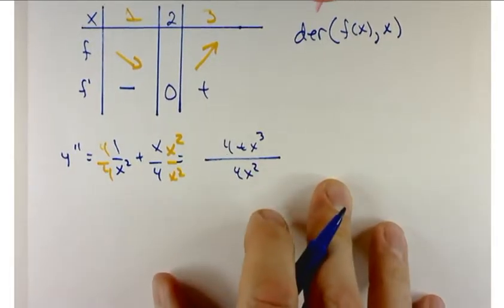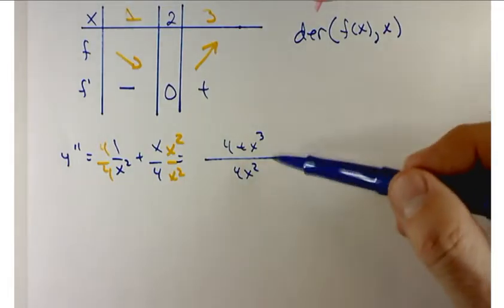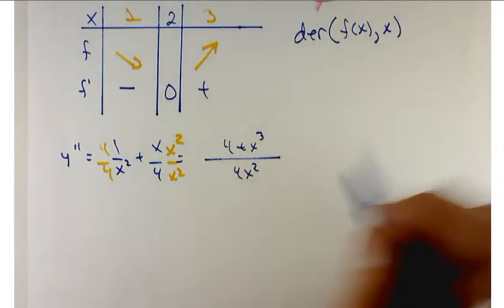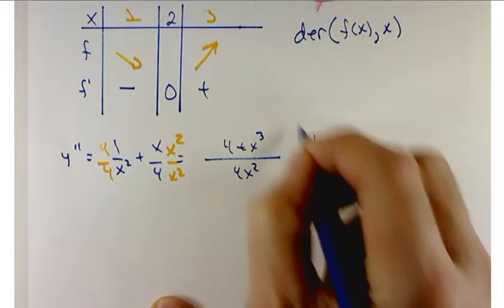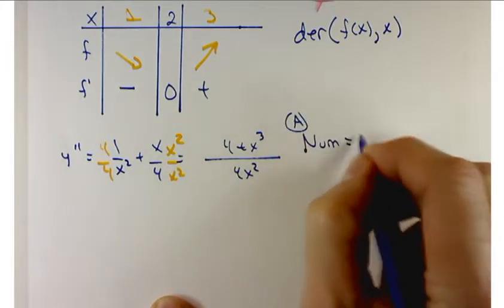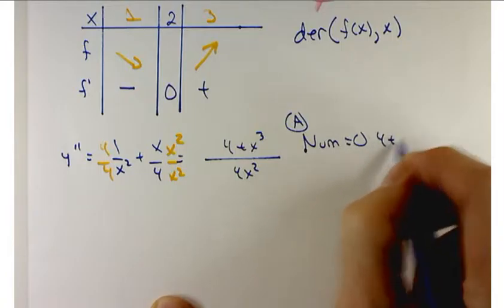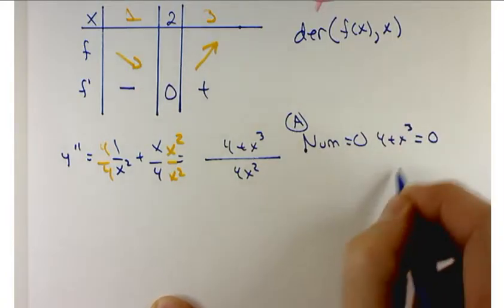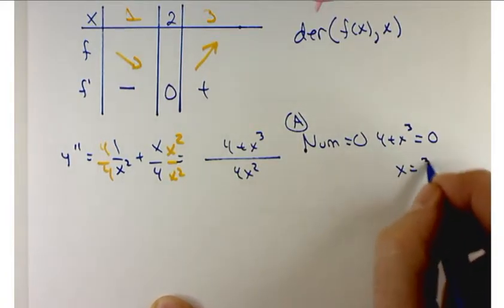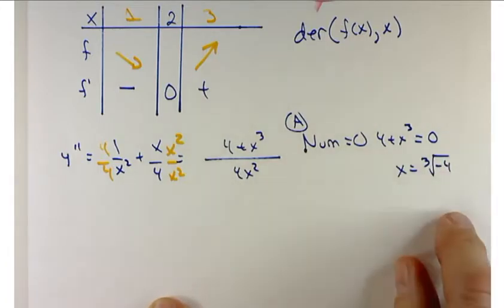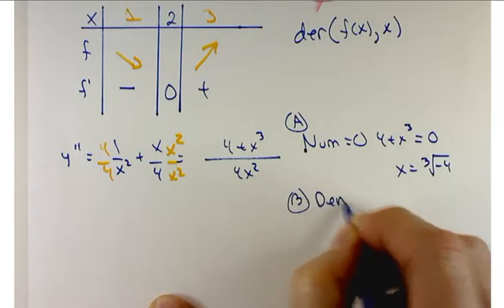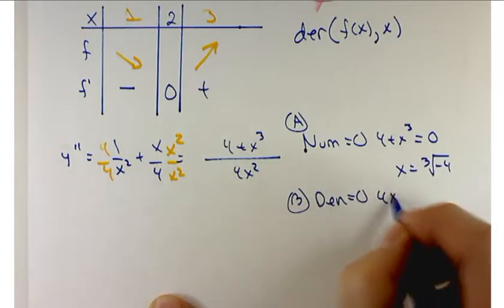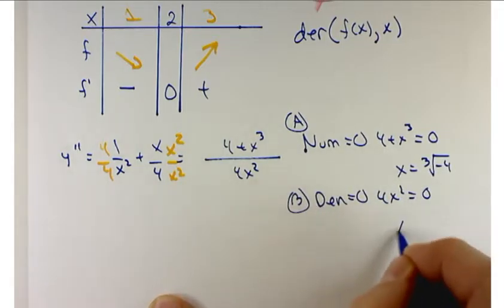Now this can equal 0. It can change signs where the numerator equals 0 or where the denominator equals 0. So numerator equals 0 when 4 plus x cubed equals 0, which means x equals the cube root of negative 4. And the denominator equals 0 when 4x squared equals 0 or x equals 0.